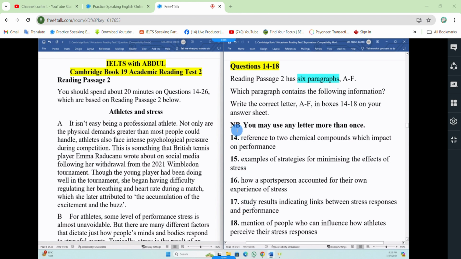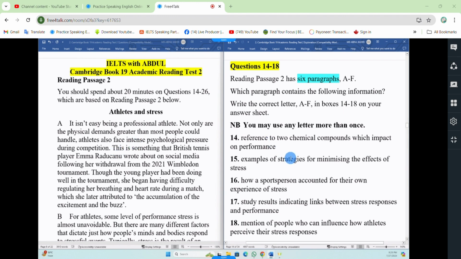And we've also got another piece of information: you may use any letter more than once. That means in one paragraph we may have 2 answers, or 2 questions' answers, isn't it? Yes. Okay, so first try to read the question.